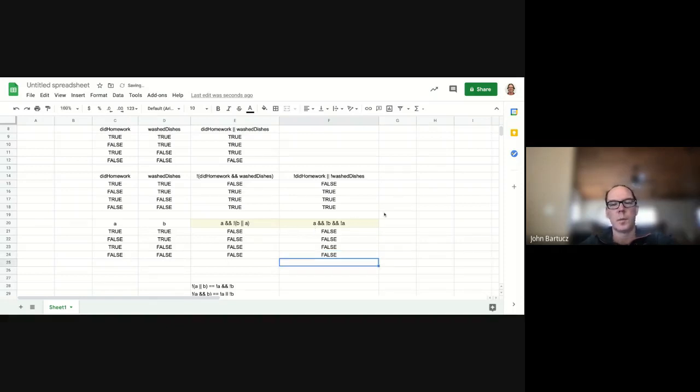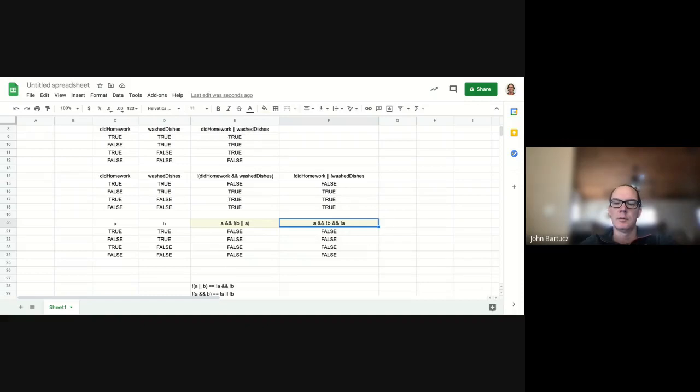They match up. And if you look at this closely, what you'll notice is inside it has an A and not A. So that's never going to be true. That's where I figured out my error, when I looked at this and thought, wait a minute, how can any of them be true if you have an A and not A?